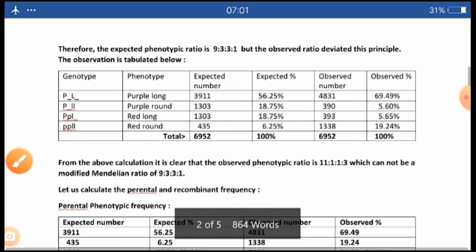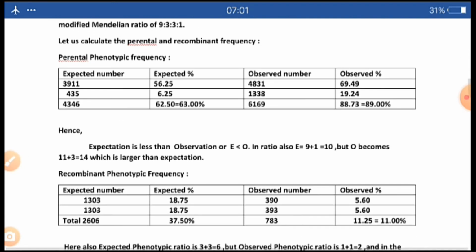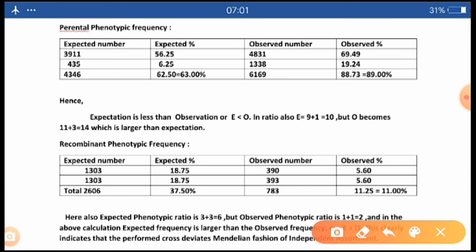Have a look at the parental phenotypic frequency. Here the parental characters are purple long and red round. And look at the table. Number of purple long is 3911 and number of red round is 435.